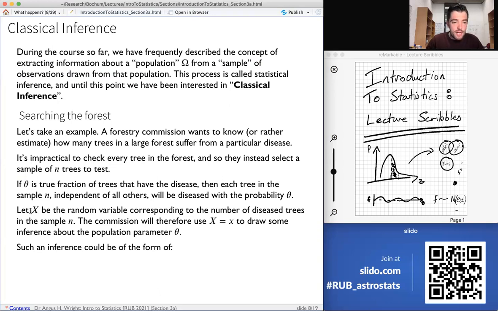What we're going to define now is X, this thing here, to be the random variable corresponding to the number of diseased trees that we find in our sample of N trees. Okay?